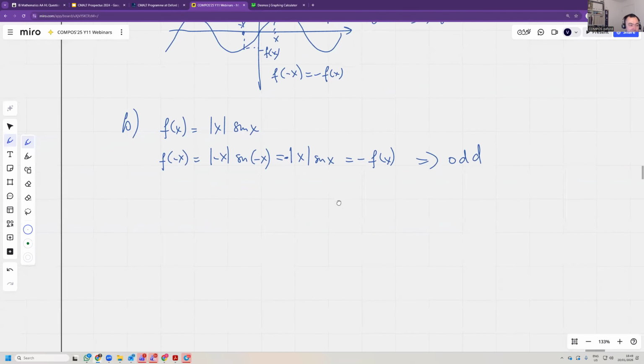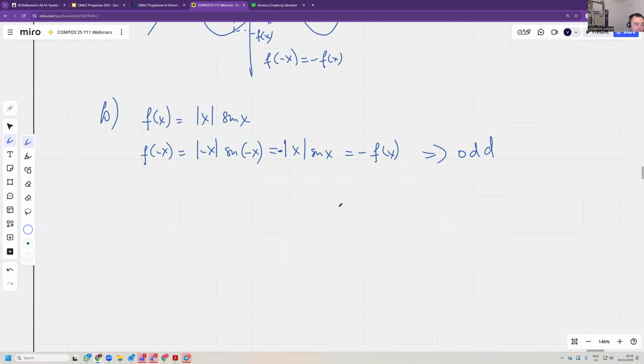And now they're asking to sketch the graph. Well, it's a sine graph, but it is multiplied by the modulus.